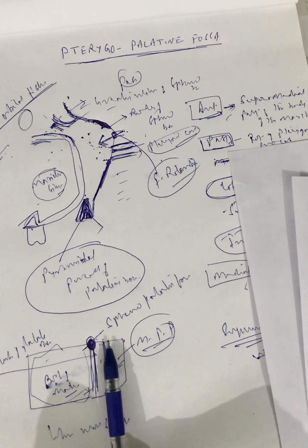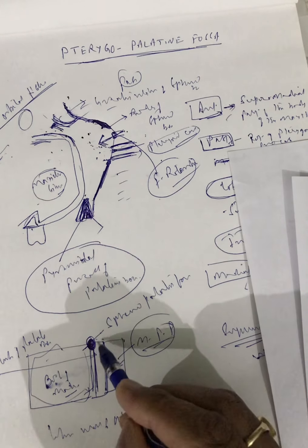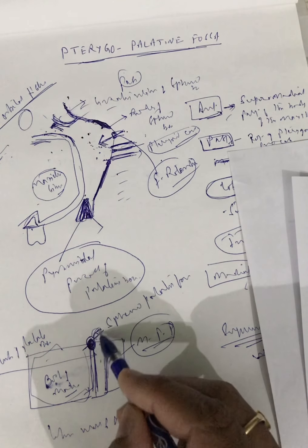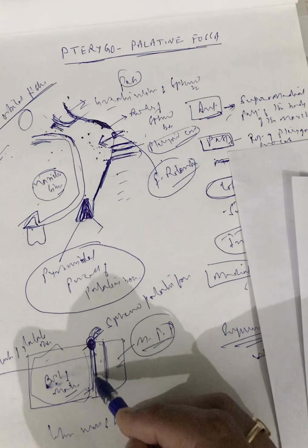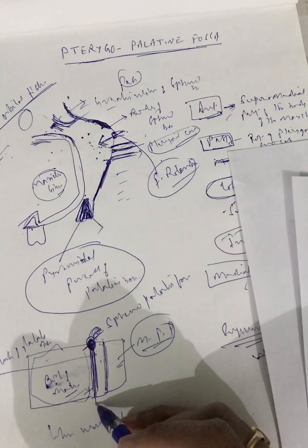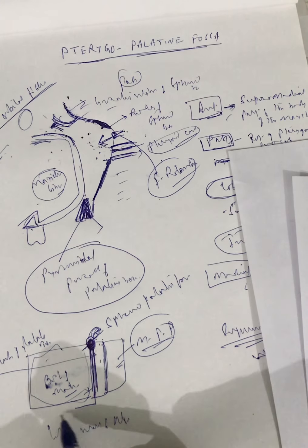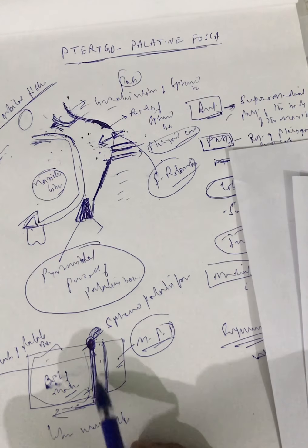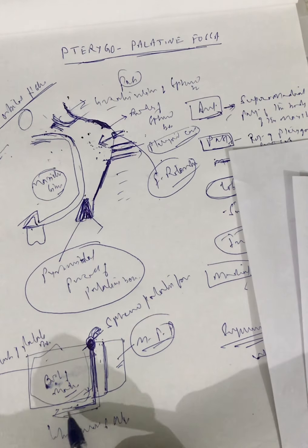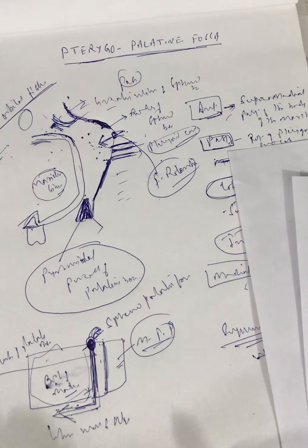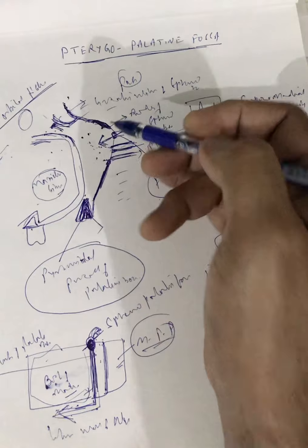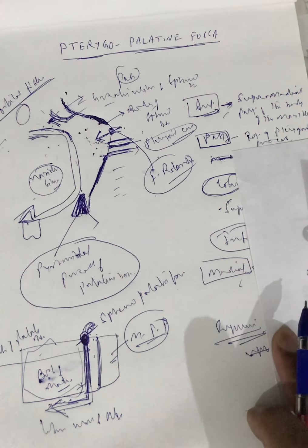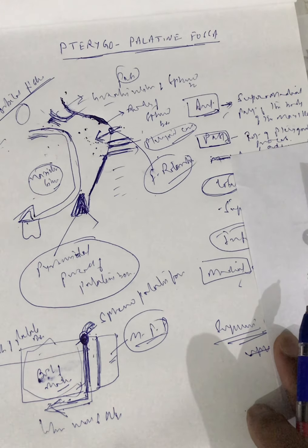This groove is converted into a canal by the palatine bone, and through it the nerves and arteries pass from the fossa into the oral cavity. The greater palatine nerve and vessels, and the lesser palatine nerve and vessels, enter the oral cavity. So inferiorly, the pterygopalatine fossa communicates with the oral cavity.